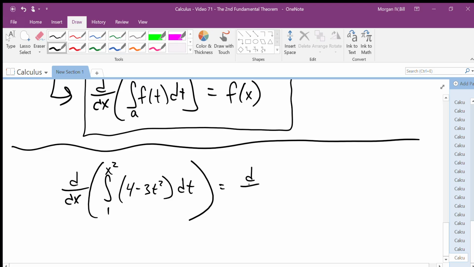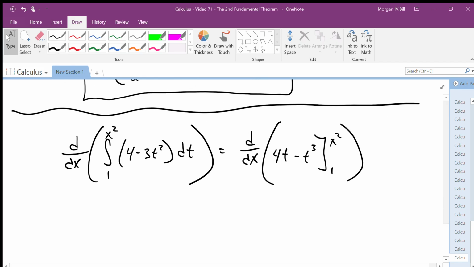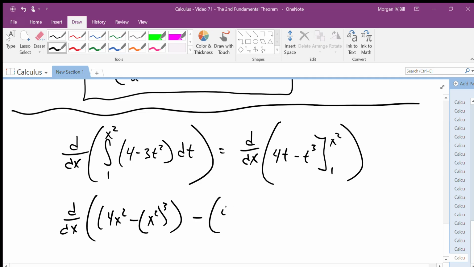We will do the derivative of the antiderivative of 4 minus 3t squared. We'll integrate that, we'll get 4t minus t cubed, and we'll evaluate that from 1 to x squared. So we'll have the derivative of, plugging in the x squared, 4x squared minus x squared cubed, and then minus 4 times 1 minus 1 cubed.